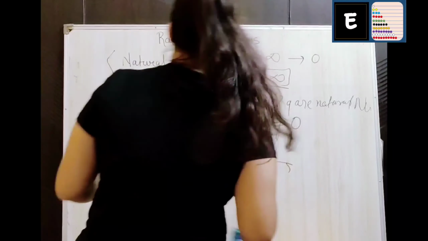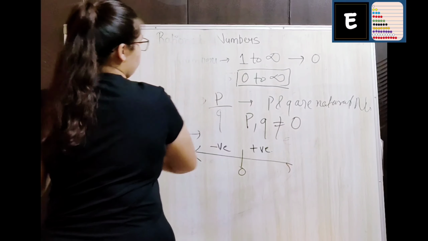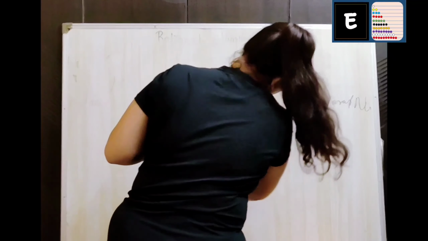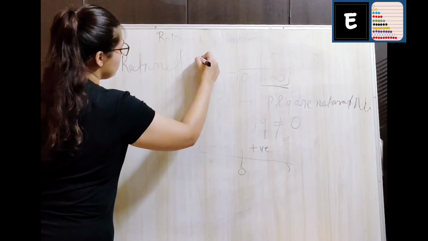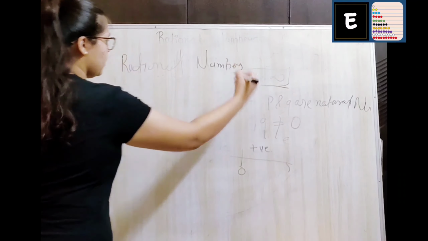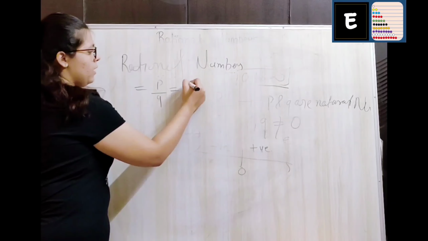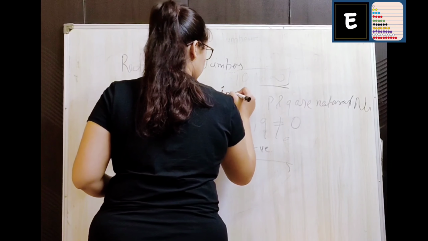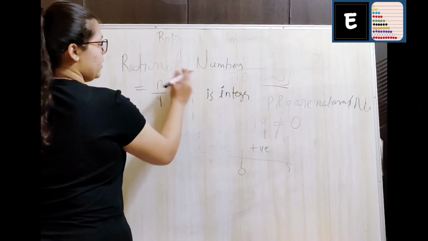Now we will learn what rational numbers are. Rational numbers are also in the form p by q, but here p and q are integers, and q is not equal to 0.